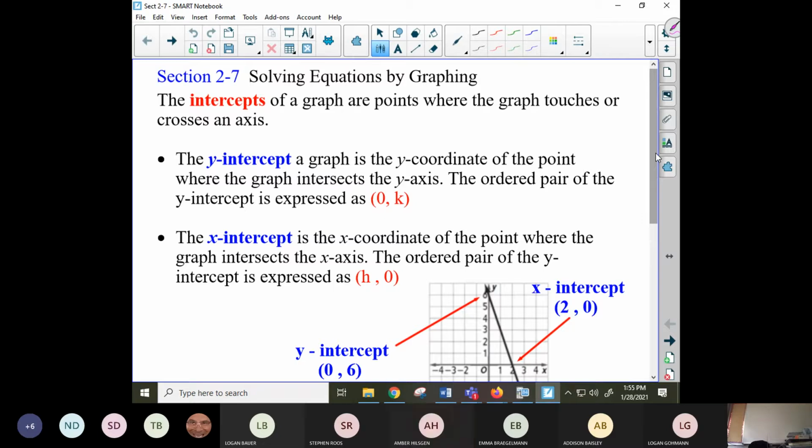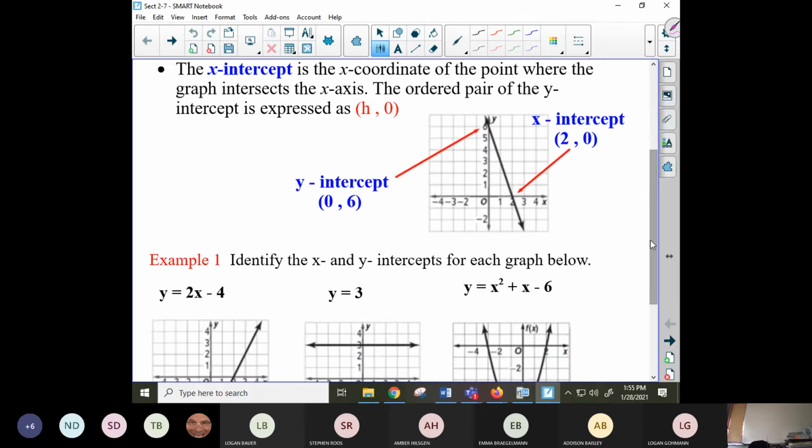The intercepts are where a line crosses. The x-intercept is where it crosses the x-axis. So this has an x-intercept of (2, 0). The y-intercept is where it crosses the y-axis. So the y-intercept of this is (0, 6).